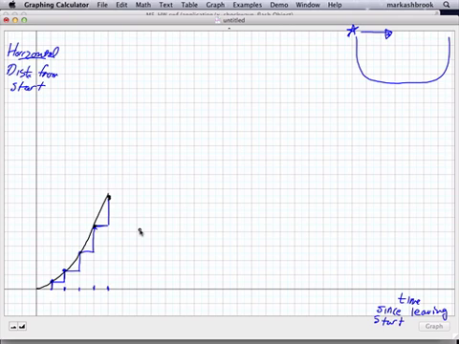And then as he starts heading up the back side, increment of time, how will the increase in distance compare to the previous? A little bit less, and then a little bit less, and then a little bit less, until he's at point B. Okay?